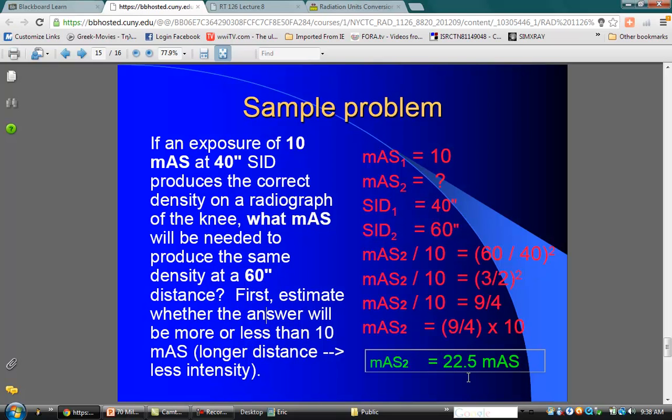So we would change our mass to 22.5 on this second exposure, provided that we now change the distance and everything else was the same. If we were to take a look at these two images, you should not be able to tell them apart, aside perhaps from a slight change in magnification. The density, however, should remain the same.